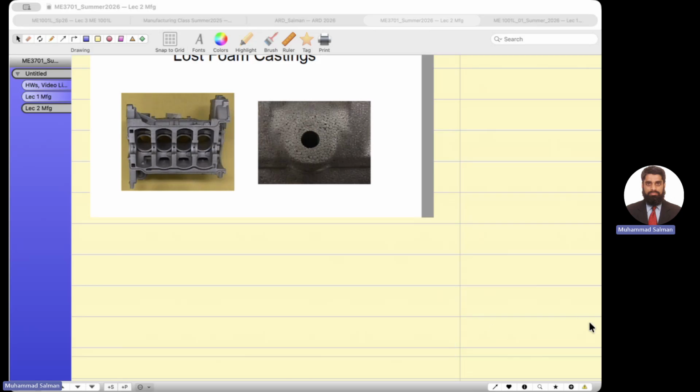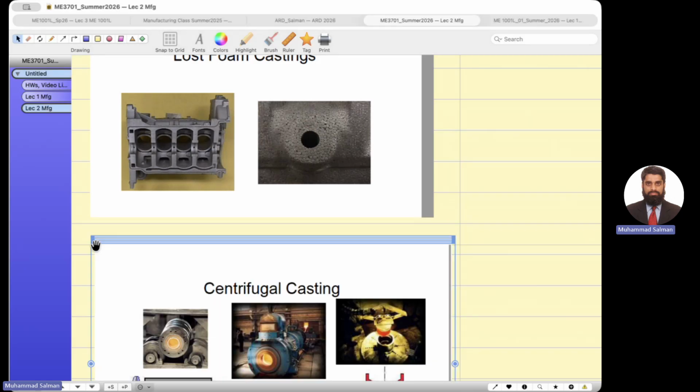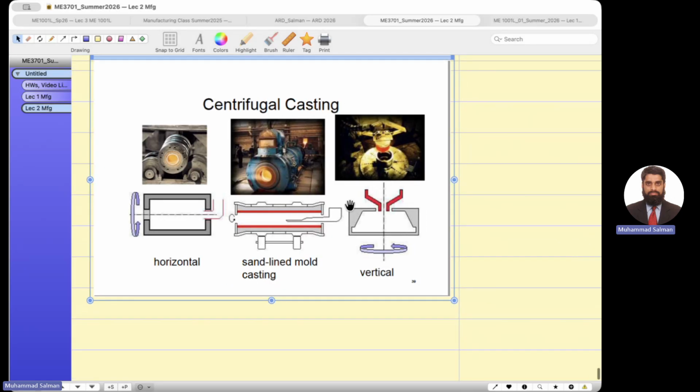Centrifugal, as I mentioned, like a dryer drum, the centrifugal force pushes the metal towards the circumference of the die, which is like a hollow cylinder. It requires this.